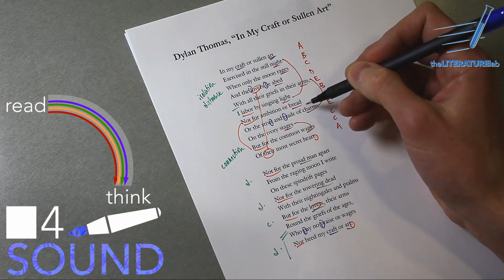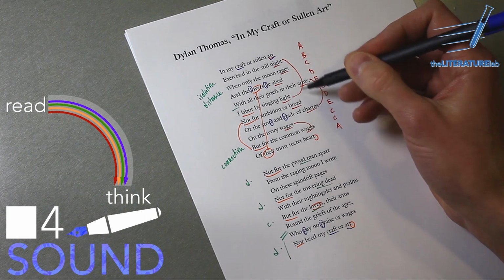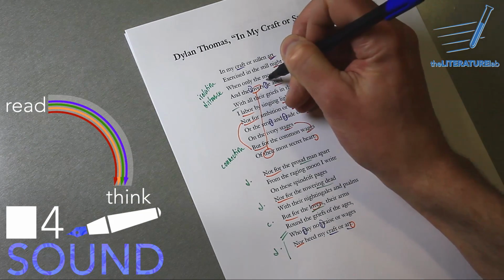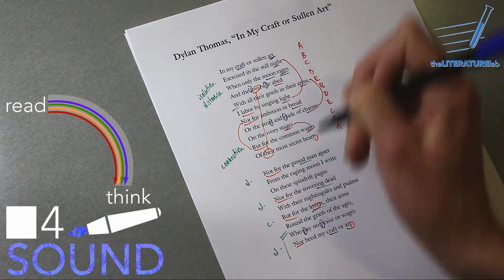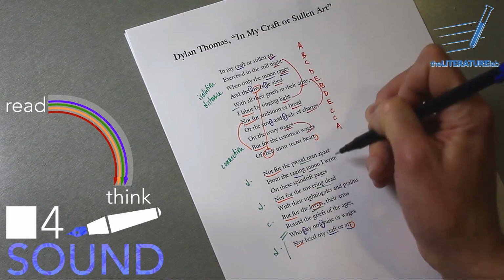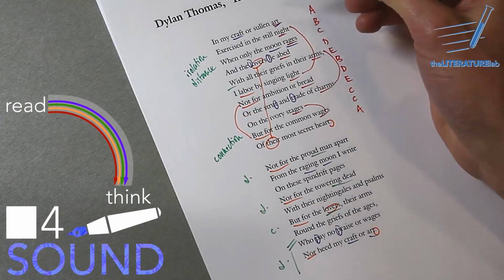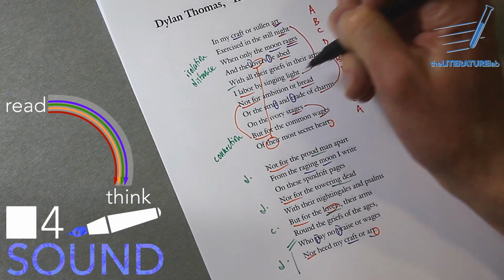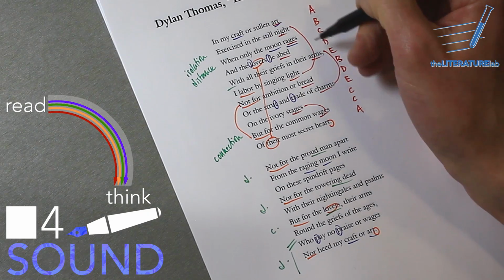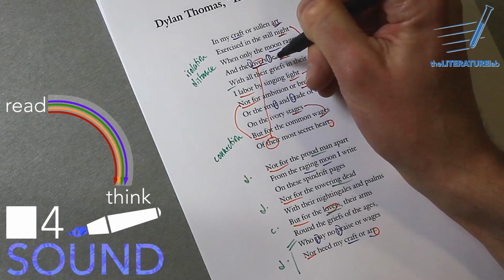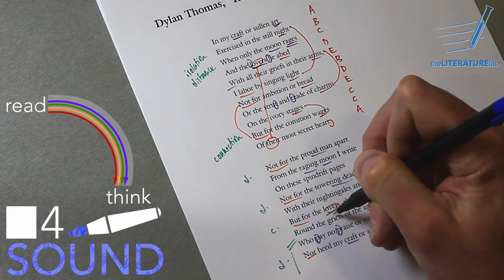You have a couple of other words that get repeated, like, for example, the moon rages gets repeated down here with the raging moon. You also, of course, have the most important word in the poem getting repeated, and that is the lovers, who get repeated down here. Lovers.